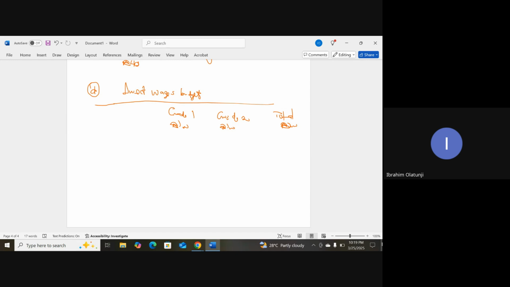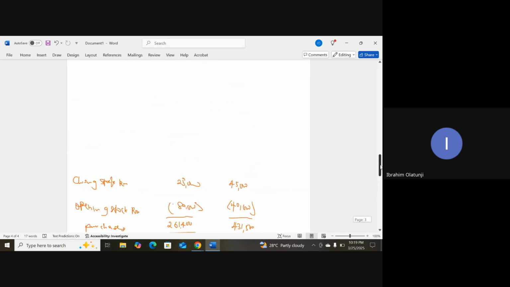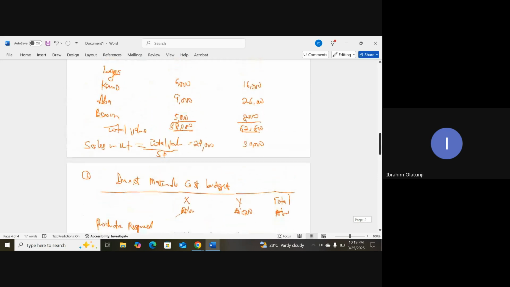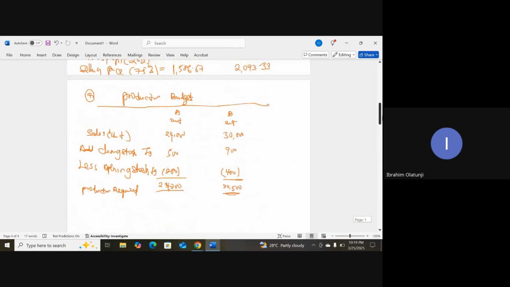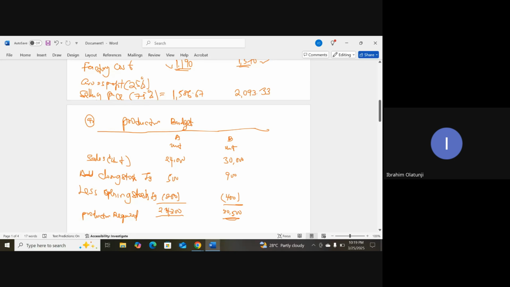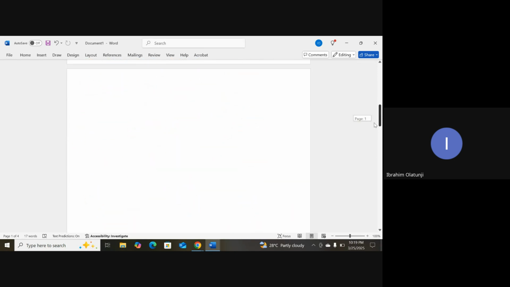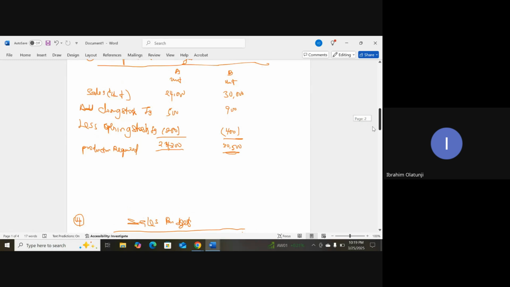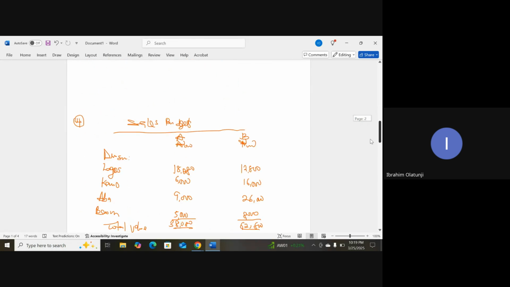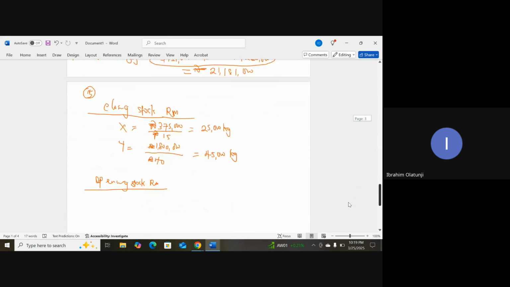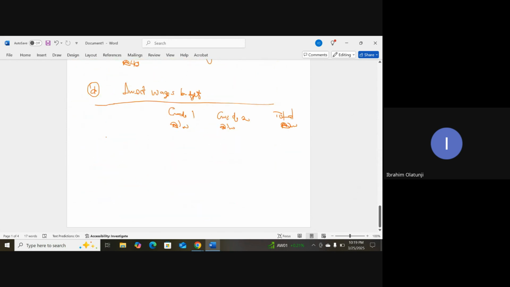Then we can go back to what? It relies on our production budget. So this is the basis we are using. Production required, this is what they will do. For product A, they will produce 24,300. For B, 30,500. Hope it is clear.